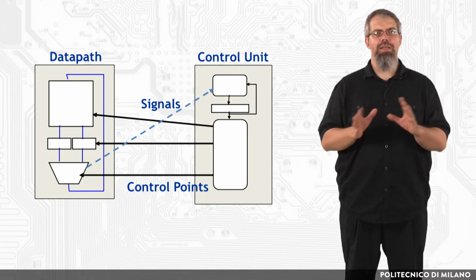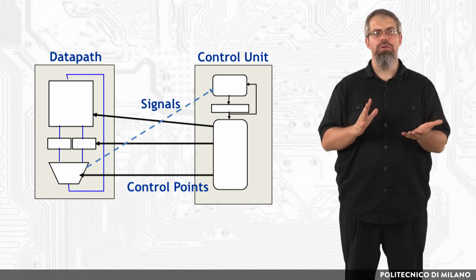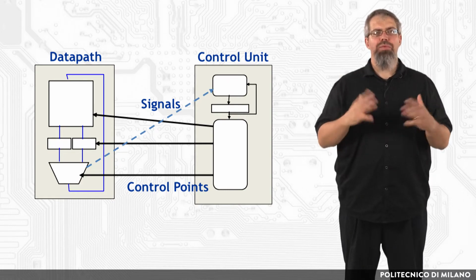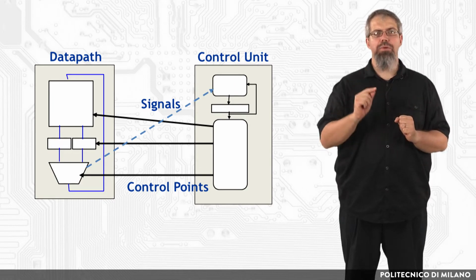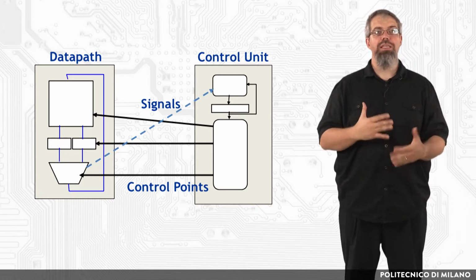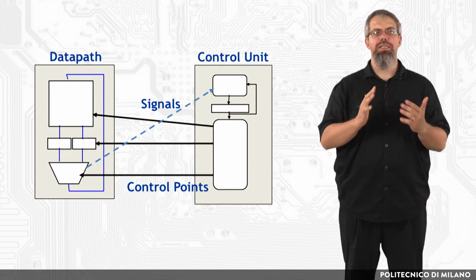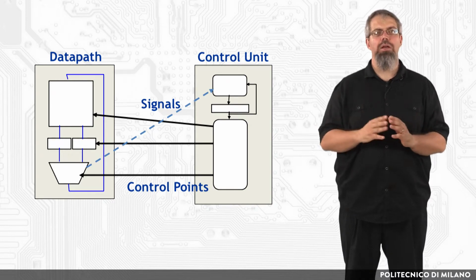On one hand, a data path is a collection of interconnections, functional units or FUs, such as arithmetic logic units or multipliers, that perform data processing operations, registers and buses. Its inputs are control points, while the generated outputs are signals. On the other hand, the control unit is a state machine meant to orchestrate operations on the data path based on the desired function and signals.